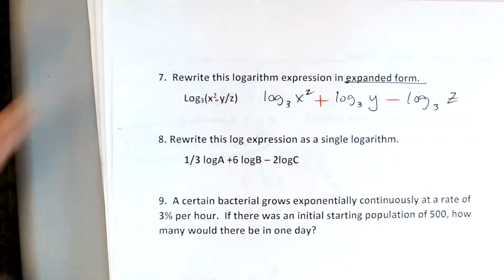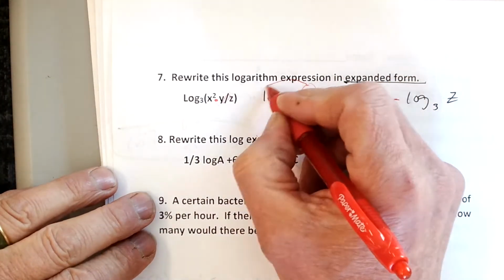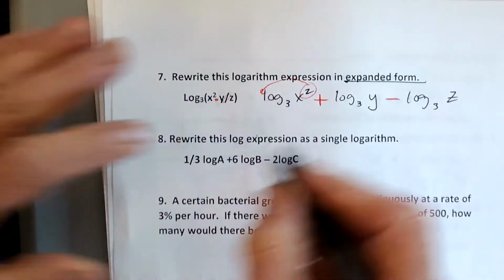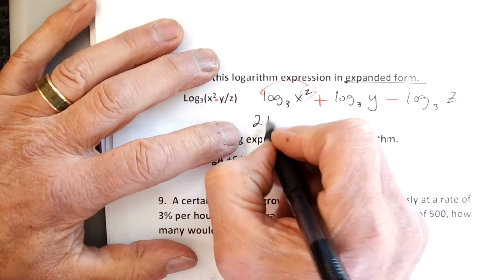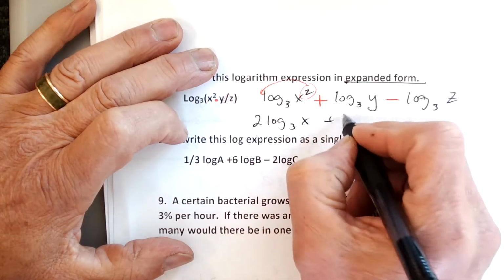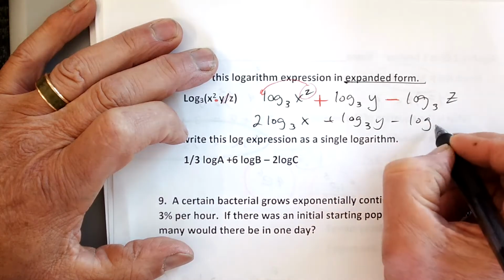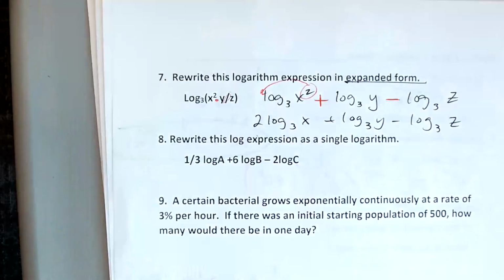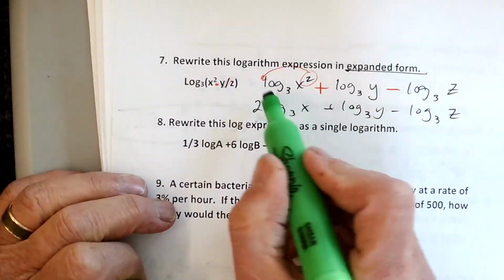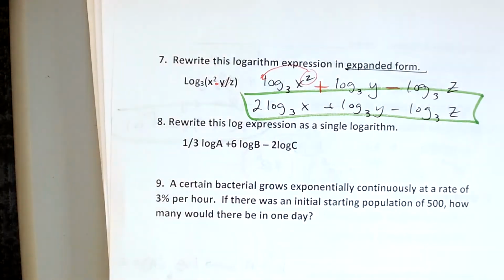Okay, now there's one more thing I need to do, and I'm going to bring my exponent down. I'm going to float my exponent down, and I'm going to rewrite this as 2 log base 3 of x plus log base 3 of y minus log base 3 of z. So it's completely expanded, which means, believe it or not, it's 3 very simple log problems. That's what we want to do.